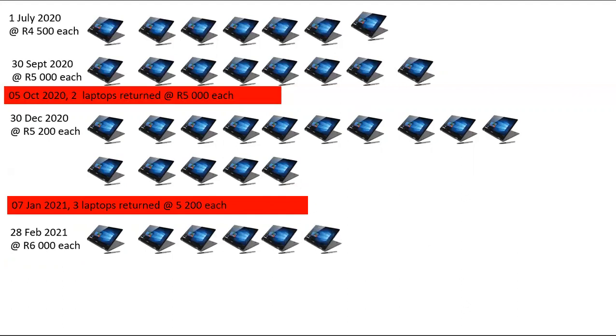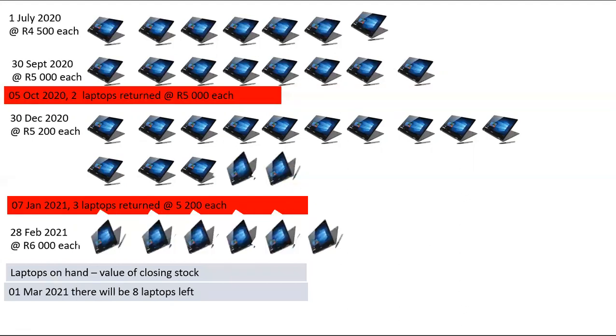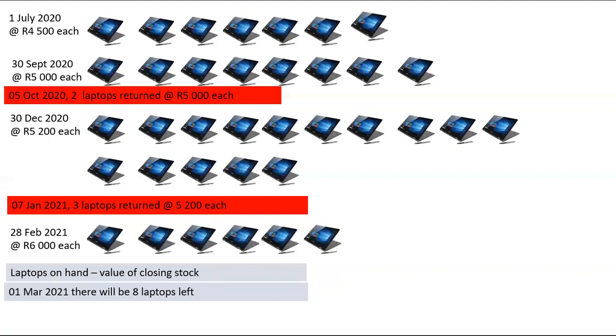So we still have them on hand, meaning that of the 8 laptops that we spoke about, 6 of them will come from the last purchase, all right, and 2 will come from the 30th of December purchases. Let me just play that for you so that you can see which ones will comprise our closing stock.